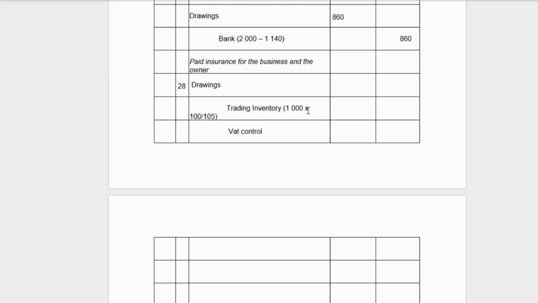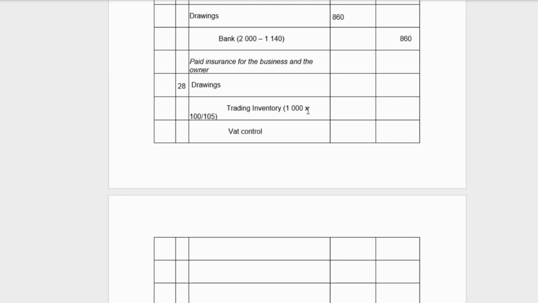Our markup is on cost price, right? And whenever the markup is on cost price, our cost price equals 100. Since our markup is 5%, our selling price is going to be 105 and our cost is going to be 100.